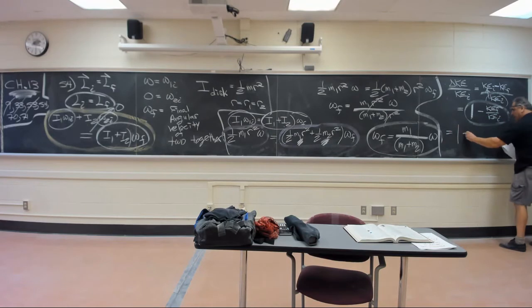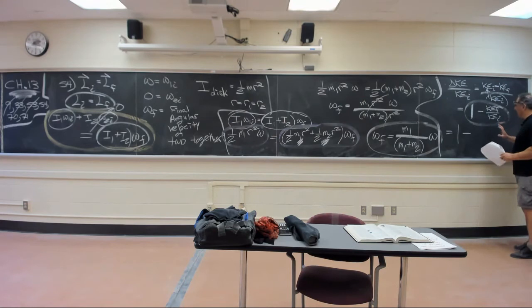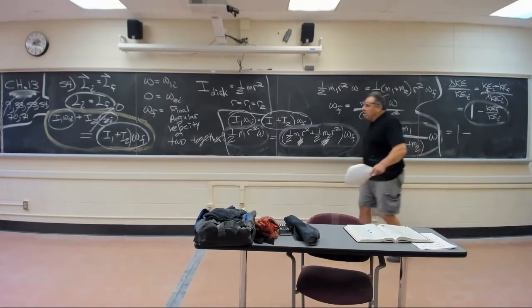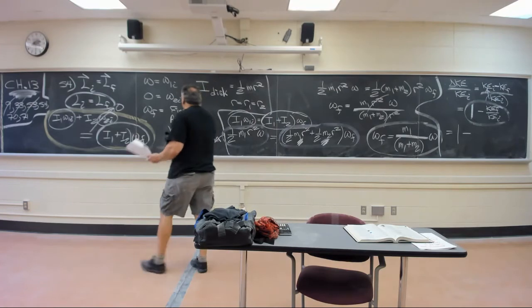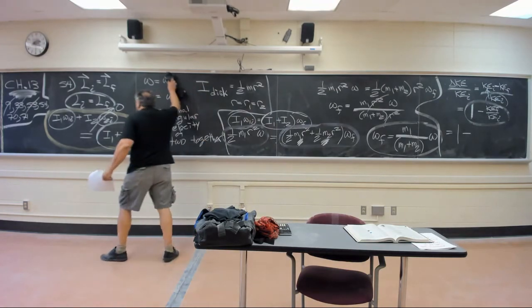Here's one. KEI is 1/2 I omega squared. So let's see what we can do here. Okay, we'll go a couple ways here, I guess, to do this. I just don't want to be too quick on this and kind of not make some sense out of it at the end of it.